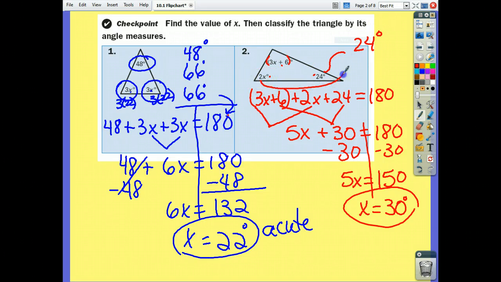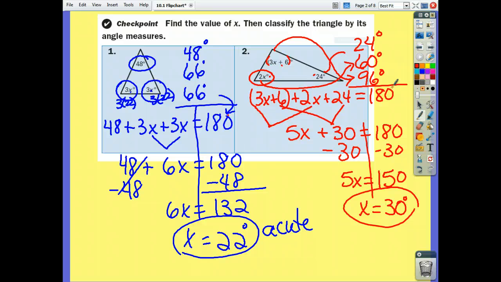What's the measure of this angle right here? 60, because 2 times 30 is 60. And the measure of my third angle is what? 96. 3 times 30 is 90 plus 6, you say 96. Do those equal 180? Yes, they do. So now we need to classify it.